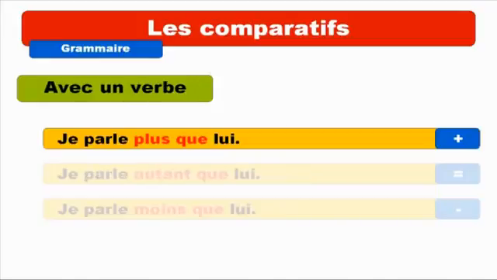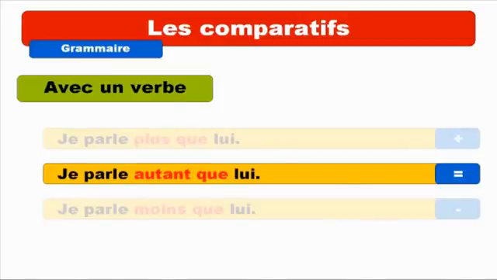And then the last category is if you're using a verb. Avec un verbe, first possibility, je parle plus que lui. Je parle autant que lui.